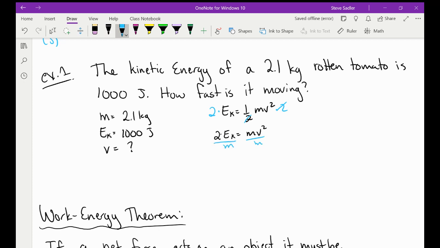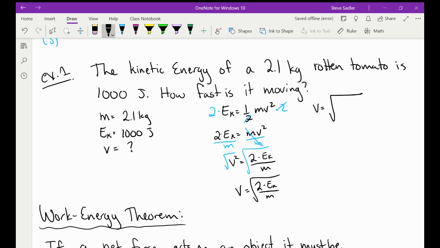Divide both sides by mass, that will cancel, and I'll flip this around. So I have v squared is equal to 2 multiplied by kinetic energy over the mass. The last thing is to square root everything. So now I have velocity is equal to the square root of 2 multiplied by the kinetic energy divided by the mass. Let's plug that in.